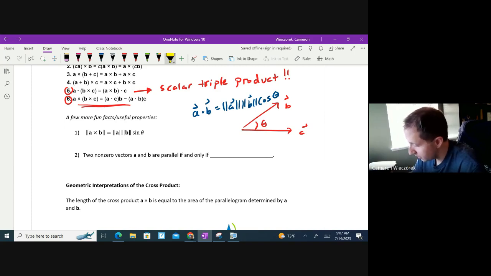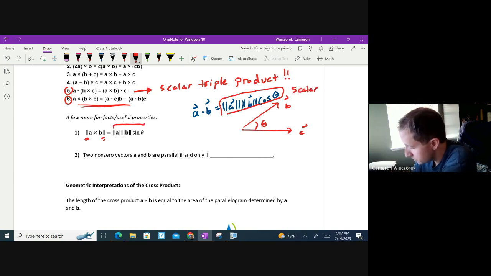Well, for the cross product, you'll notice we can't ignore these magnitude bars in front, because if I didn't have those, you have to keep in mind this right-hand side here is a scalar, similar to what I see here. But the left-hand side, if I don't put the bars, would be a vector, and that's a problem. A vector can't equal a scalar.